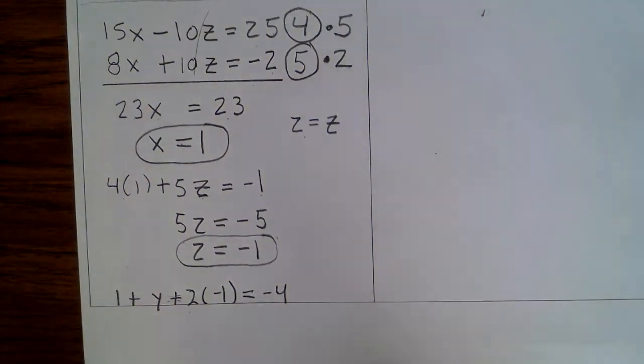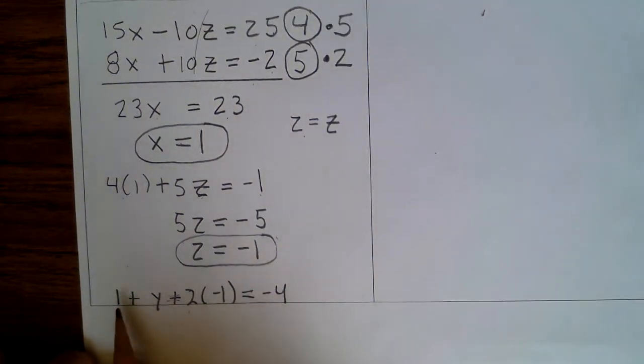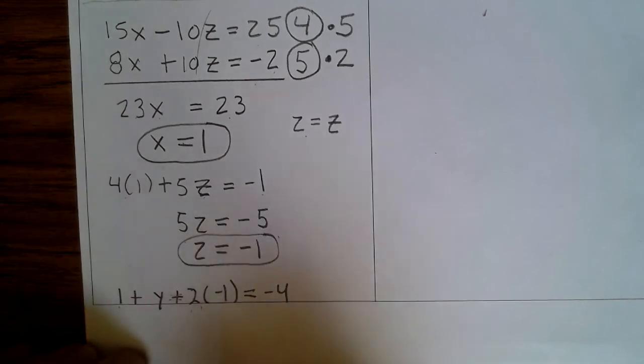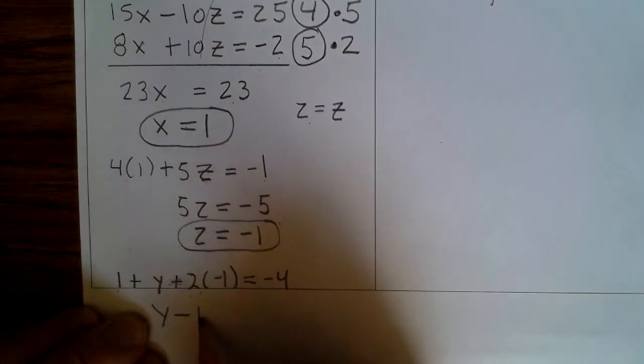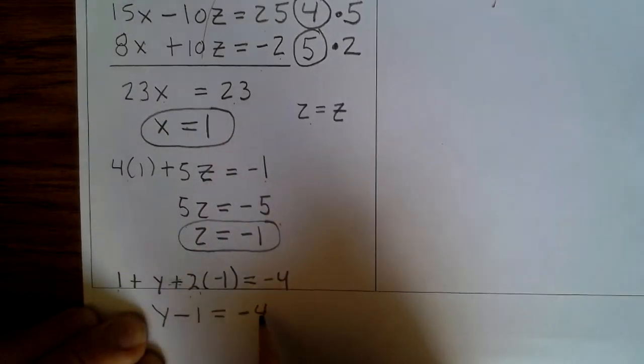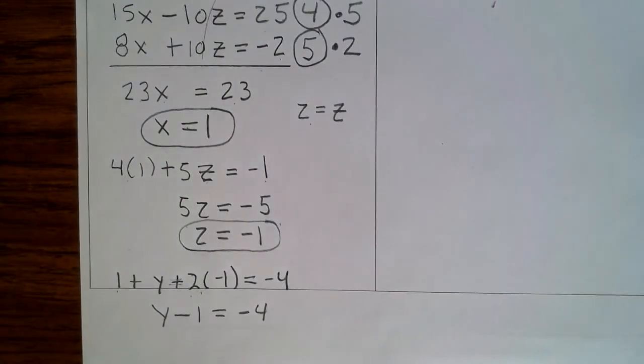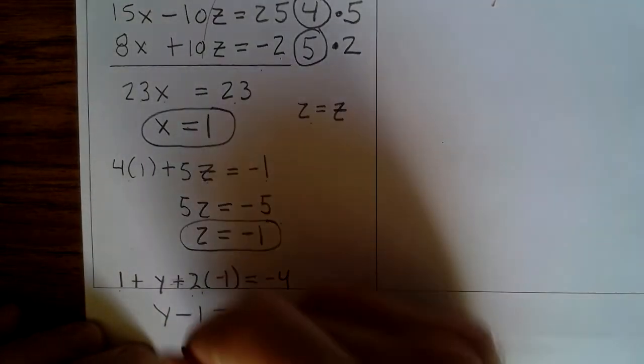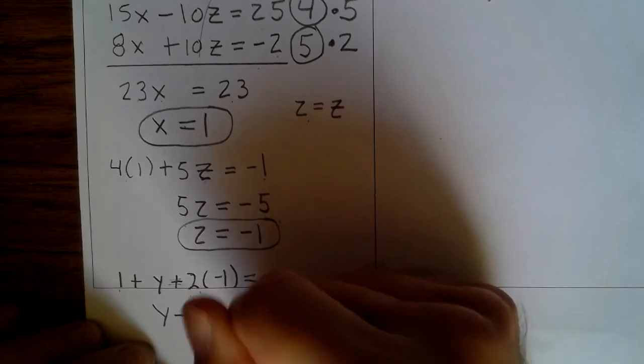Okay? So now we combine terms. 1 minus 2 is negative 1, so y minus 1 equals negative 4. We'll add 1 to both sides. y equals negative 3.